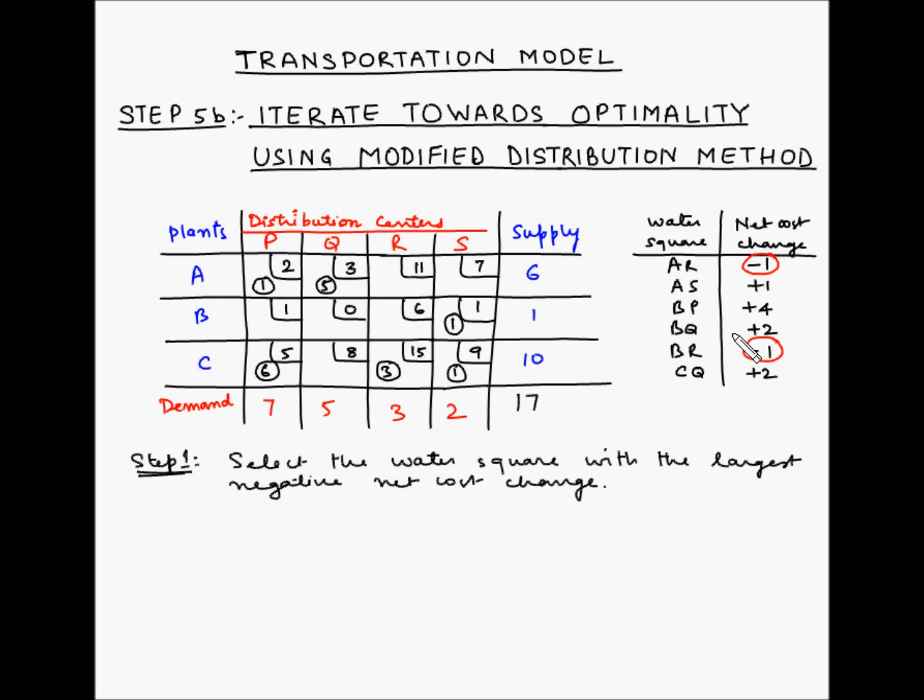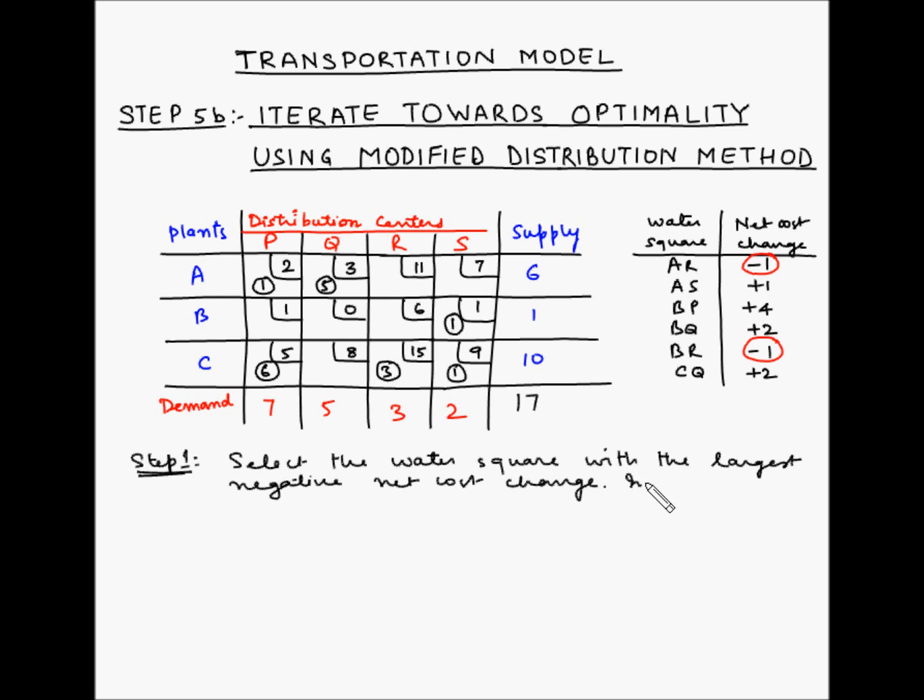So since we have a tie between AR and BR, and since the net cost change is the same, we now need to find out if there is a difference between the number of units that can be allocated to these squares. And whichever square can be allocated the maximum units, that square will be selected first.